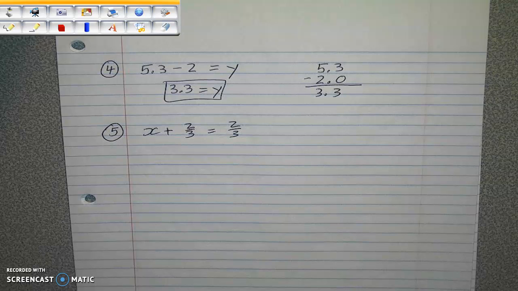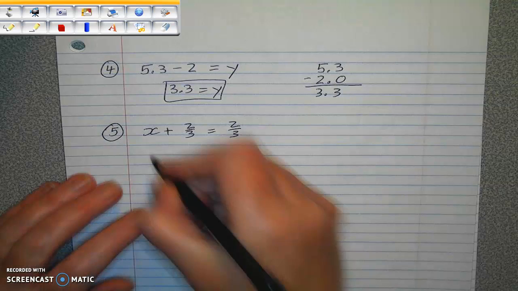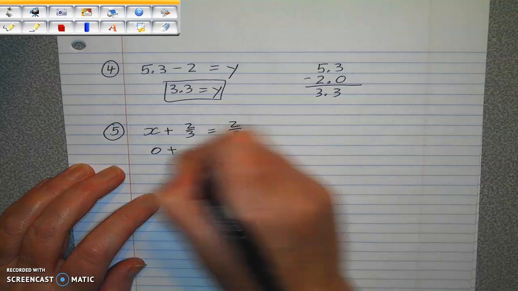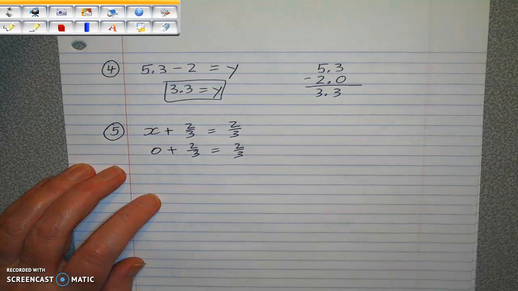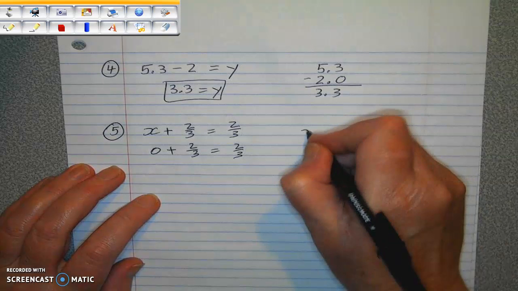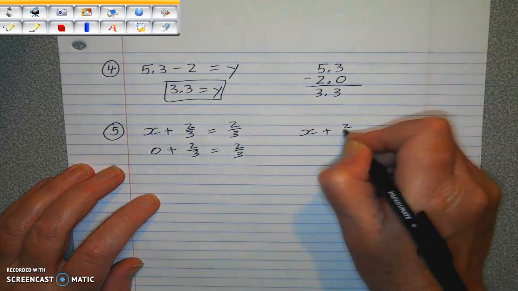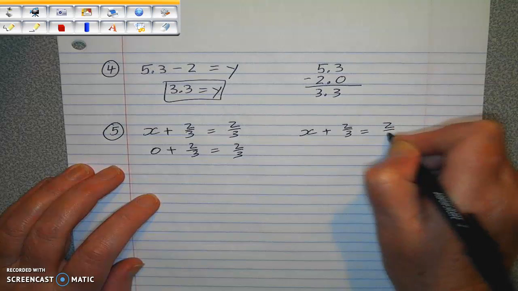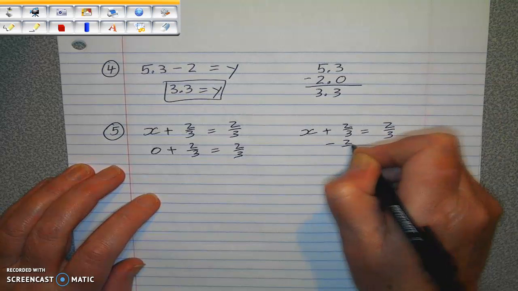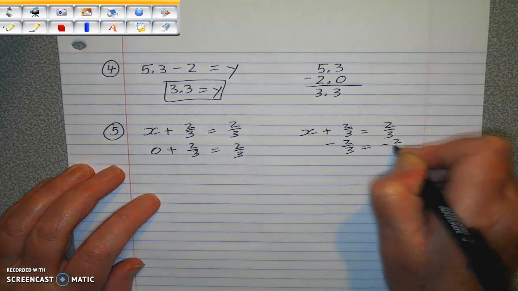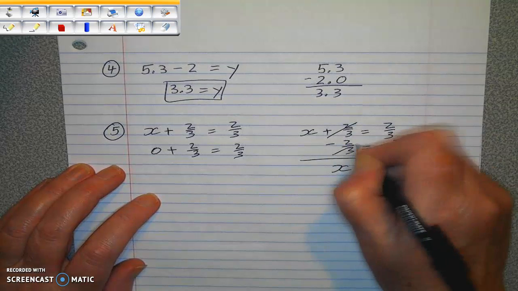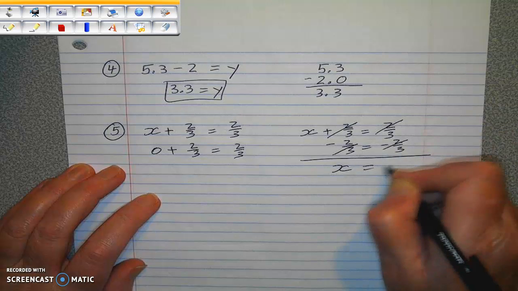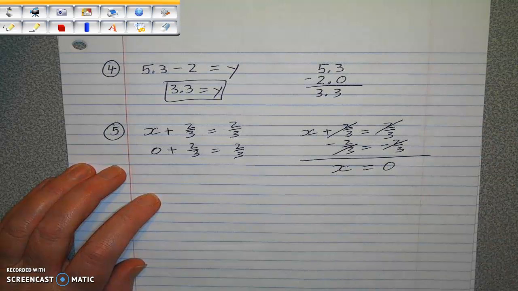Nothing plus 2/3 is 2/3. So this is going to be a 0. 0 plus 2/3 is 2/3. Another way you can think of this for solving is if I subtract 2/3 from each side, what do I end up with? Well, clearly I end up with 0 on the right-hand side.